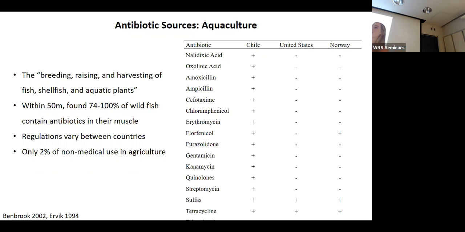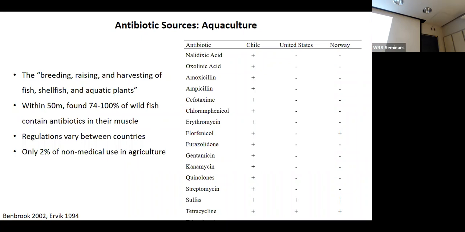So even though the US might have more stringent laws about these antibiotics, it might not be the same case for, say, Chile. And Europe has more stringent regulations on antibiotics than the US does, and this is a problem because it's a global issue. As much as we would like it to be that if we tackle this antibiotic issue, all antibiotic resistance will go away in the US, that's not the case due to how global we are nowadays.